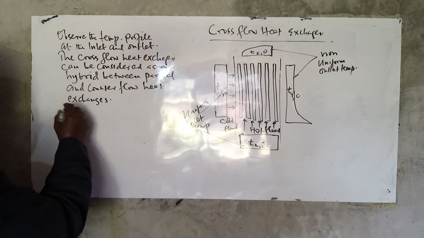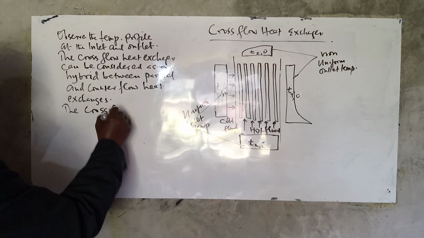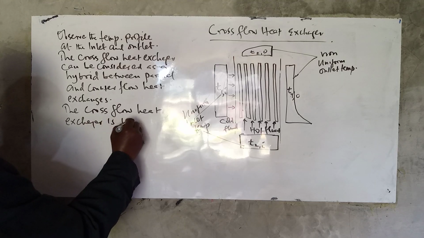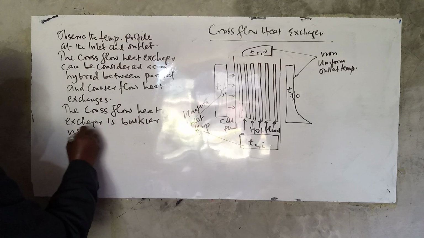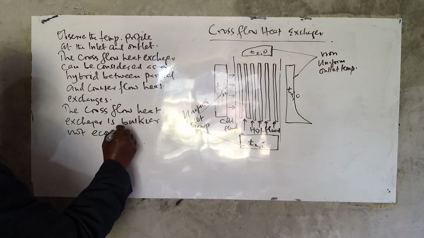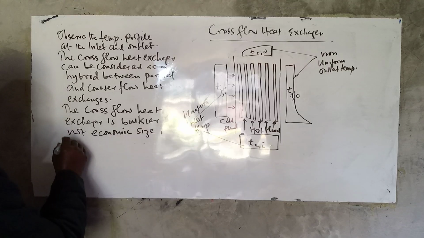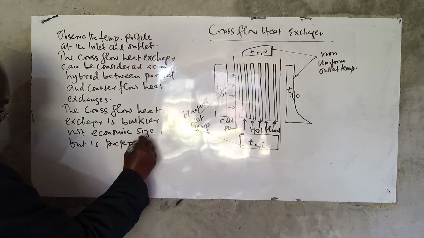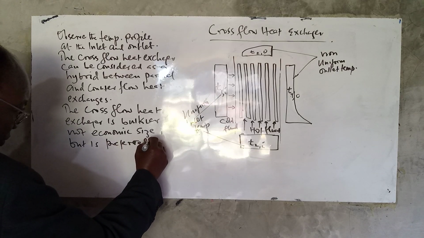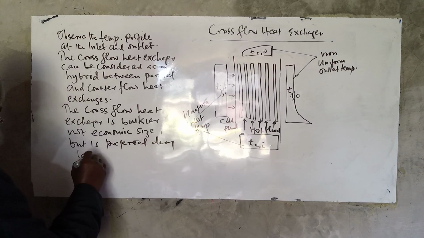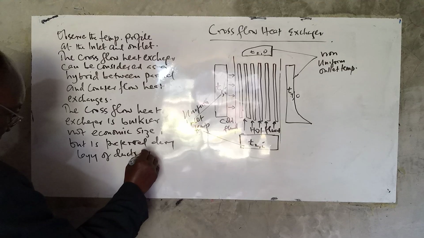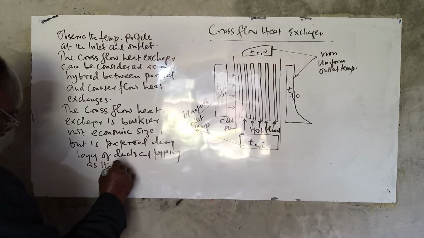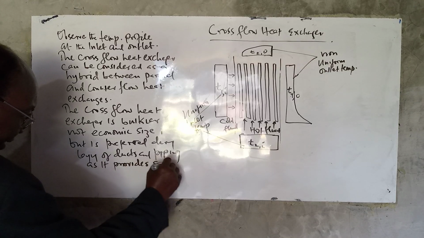So we can just make a note that the cross-flow heat exchanger is bulkier, so not economic in size, but is preferred during laying of ducts and piping, as it provides a more accessible environment.